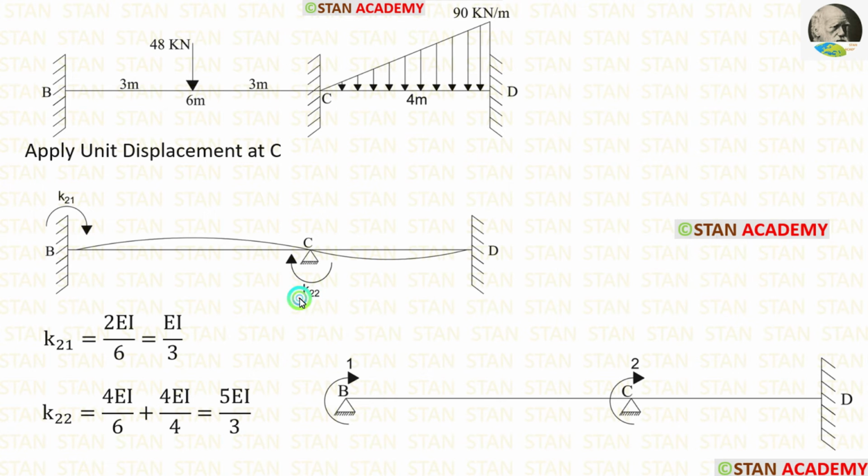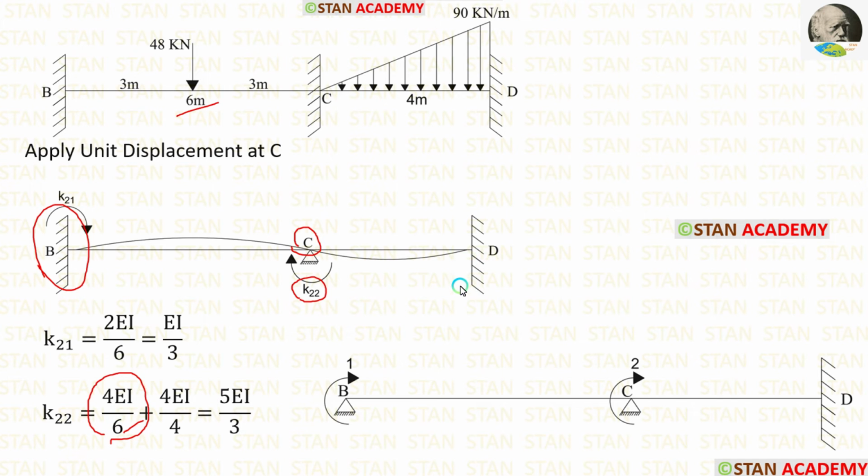Now let us calculate K22. For that, from the point C, we have to look on both the sides. First, let us look on the left side. On the left side, there is a fixed support. If the far end is fixed, the formula for stiffness is 4EI upon L. Length of CB is 6. Let us apply that.